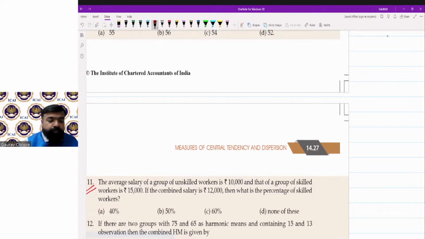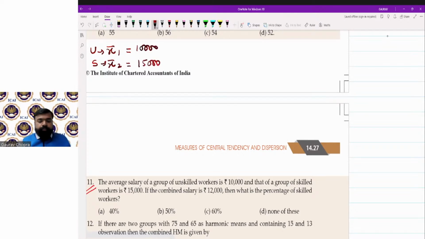So we can write here the data: x bar 1 and x bar 2. 1 denotes unskilled and 2 denotes skilled. So x bar 1 is 10,000, x bar 2 is 15,000. Combined salary, that is x bar 1,2, is 12,000.